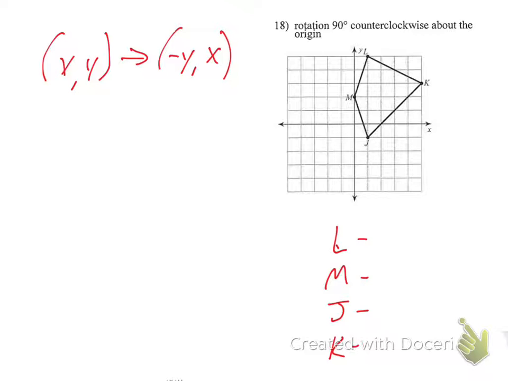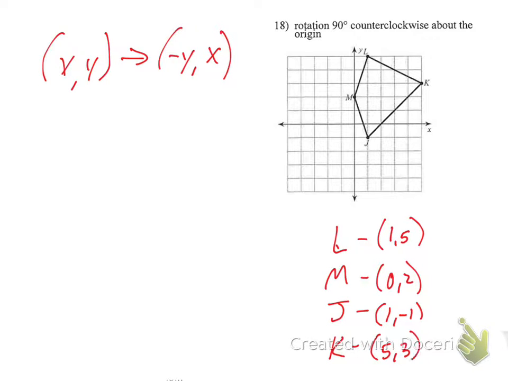So M is (0, 2). L is (1, 5). J is (1, -1). And K is (5, 3).